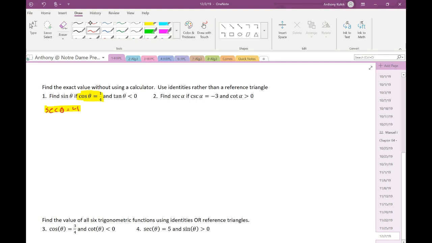All right. So, what I'm going to do now is figure out what the value for tangent is, since I know what the secant is. Sound good? Which identity relates secant and tangent together? Or cosine and tangent together. You could do that too, but secant and tangent is the one I want. It's P3.